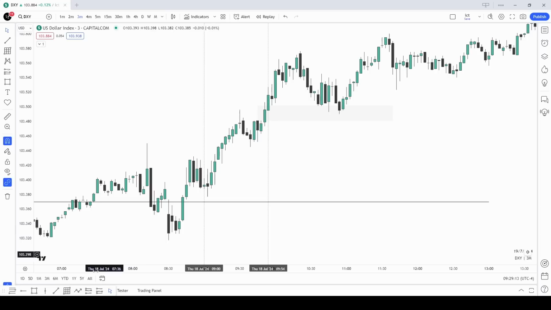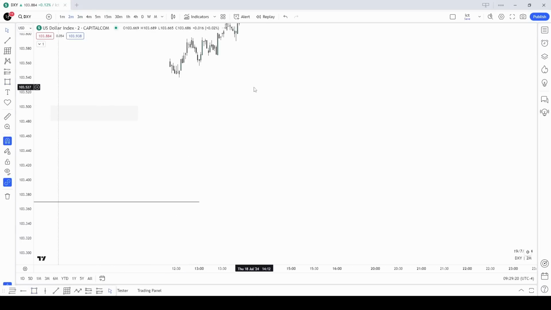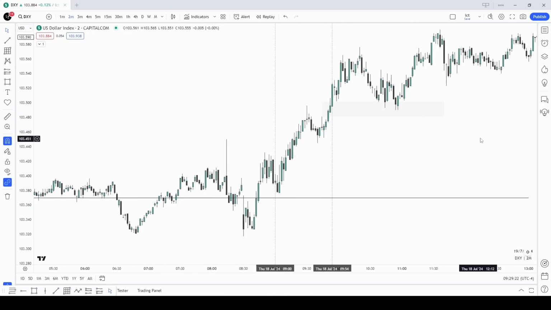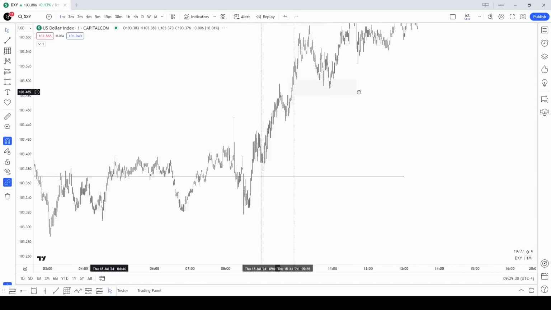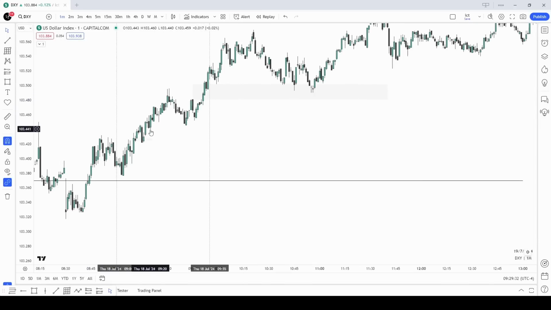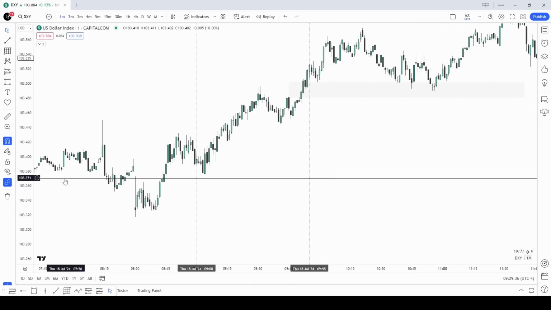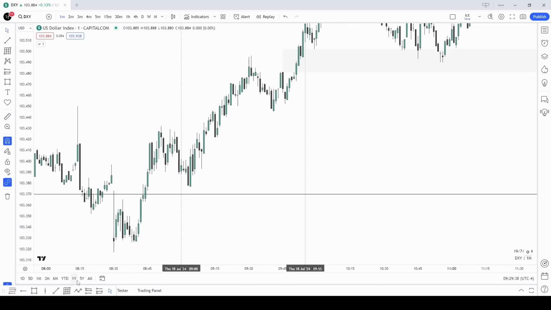You go to this area, that is a volume imbalance. You can trade that. If there's not enough for you there, the 2 minute, any fair value gap created, again there's the actual gap, which is the key. If not, let's go to the 1 minute, and then you can see there's a fair value gap. Okay, this fair value gap, there's multiple fair value gaps here on the 1 minute.